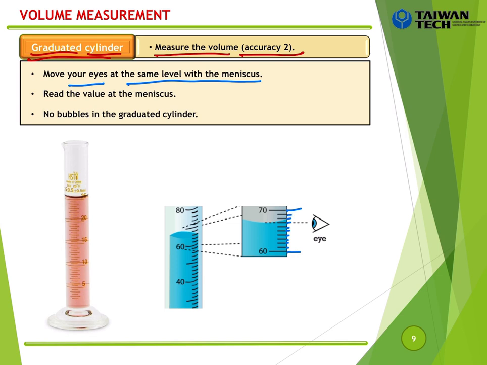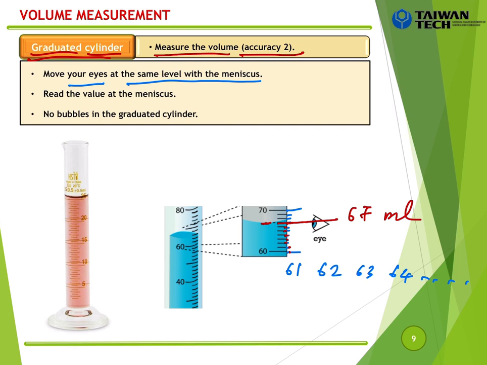So it means that you have 60 here, so every level will be 61, 62, 63, 64, and so on. Okay, and then when you read the value here, the position of the curve here will be at this level. So you see 60, 61, 2, 3, 4, 5, 6, 7. So this one will be 67 milliliter.